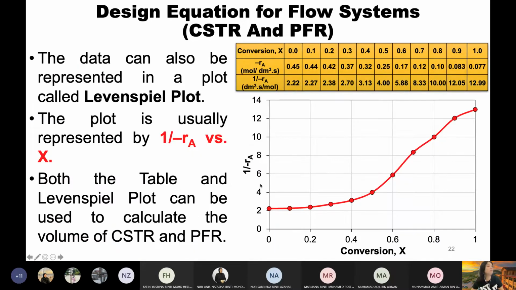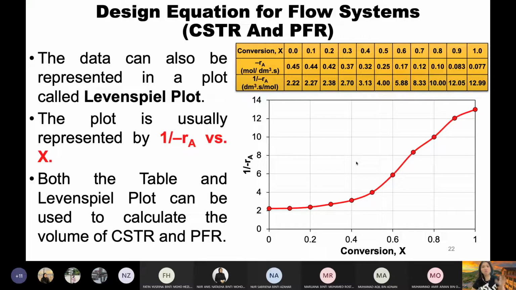Or the information is converted into the form of a Levenspiel plot. Based on these 2 types of information, it's the same information, just that one is in the form of a table. If it's a table, it's X and minus rA, meaning for every conversion, what is the minus rA? You use that to calculate the volume of PFR and the volume of CSTR. Or it is converted into a plot.